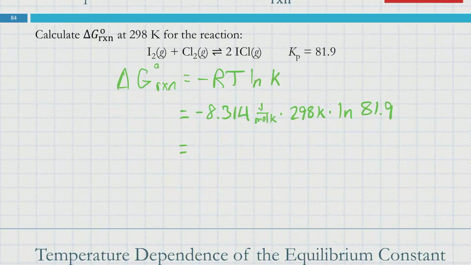So our delta G should be about negative 10.9 kilojoules per mole. So there's our calculation for the standard change in free energy of the reaction.